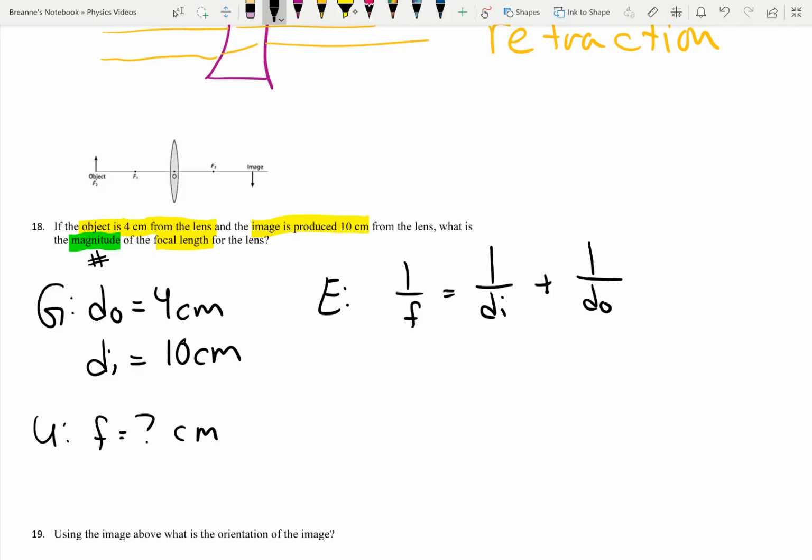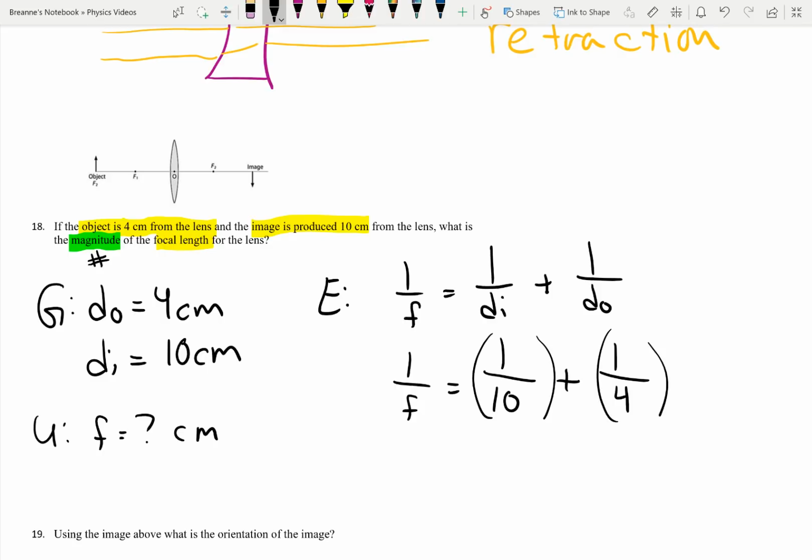We can just plug in what we got. We're looking for our focal length. Our image distance is 10. Our object distance is 4. You have to do fractions first. So do 1 divided by 10 and get that number, plus 1 divided by 4 and get that number, then add.